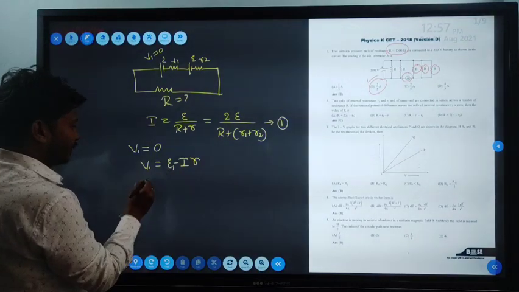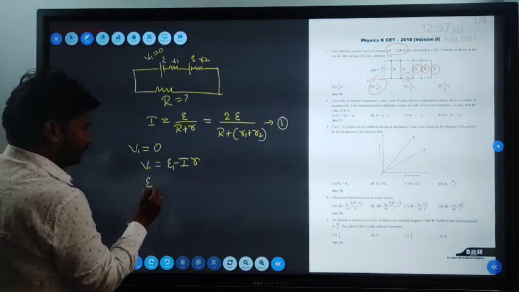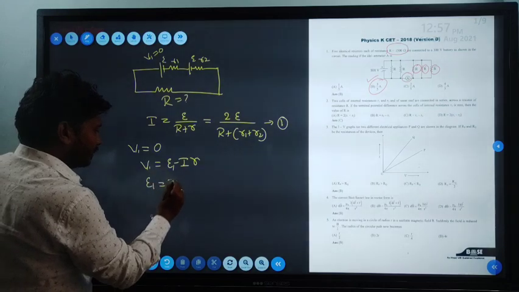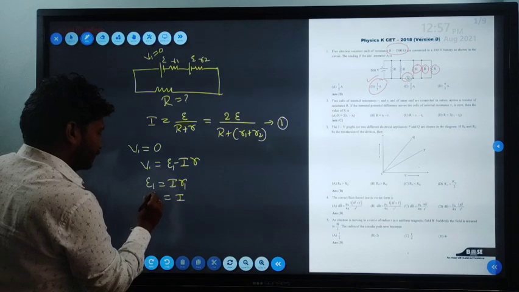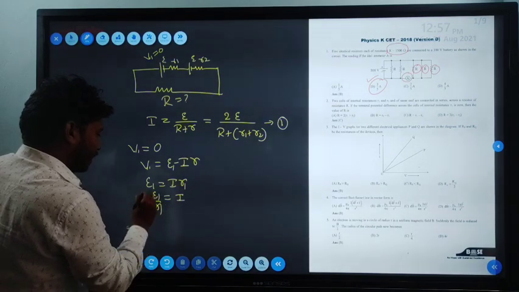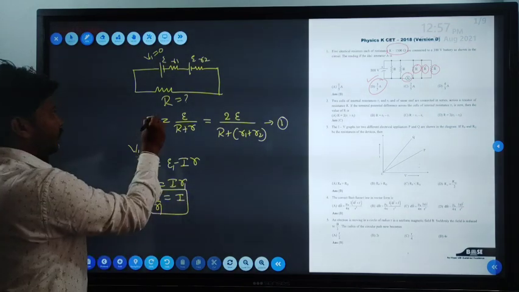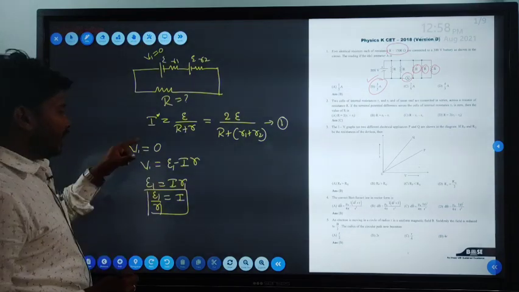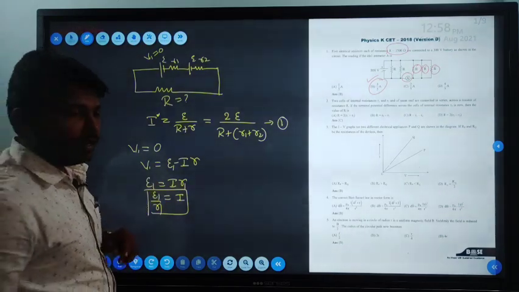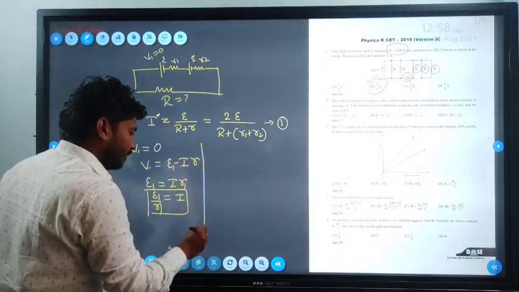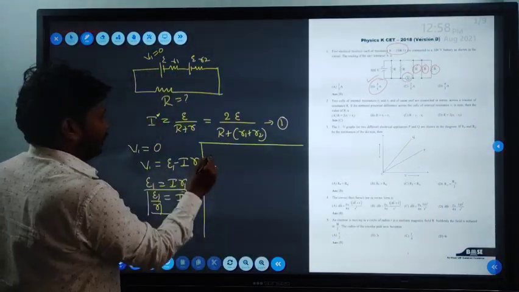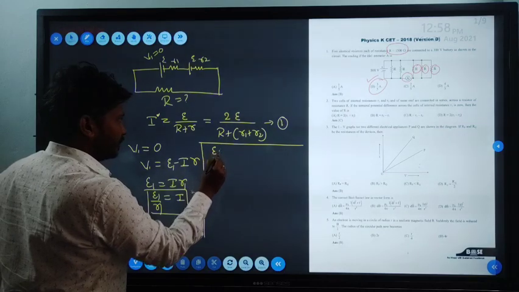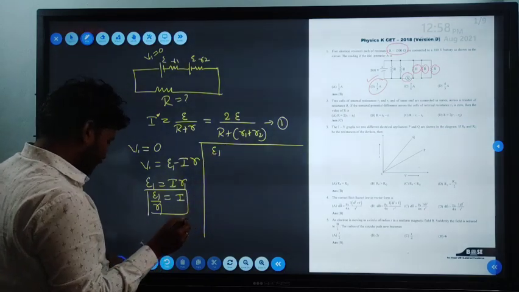Then look here, E1 is equal to I into R1, right? I is equal to E1 by R1, right? Let me fill in the value. Wherever I is there, I will take it as E1 by R1.